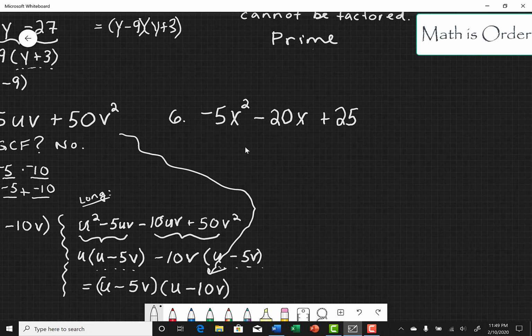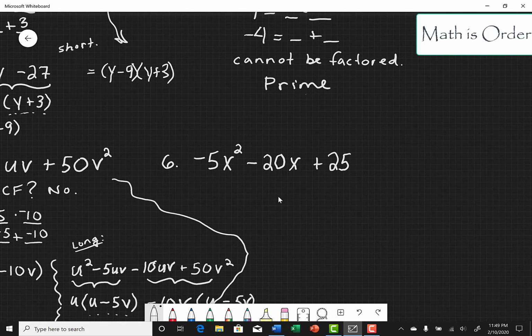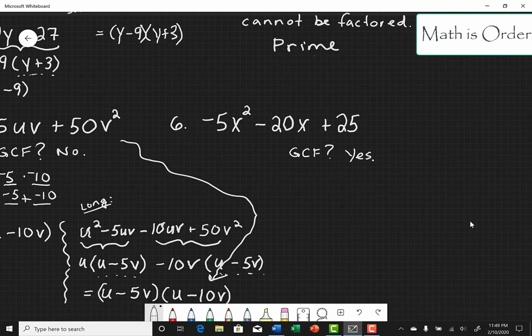All right, let's look at the last problem here. Our thought process is, they ask us to factor completely. We say, is there a GCF first? In this case, yes. All right, so since there's a GCF, we need to factor that out first. So what is common in each of these three terms?